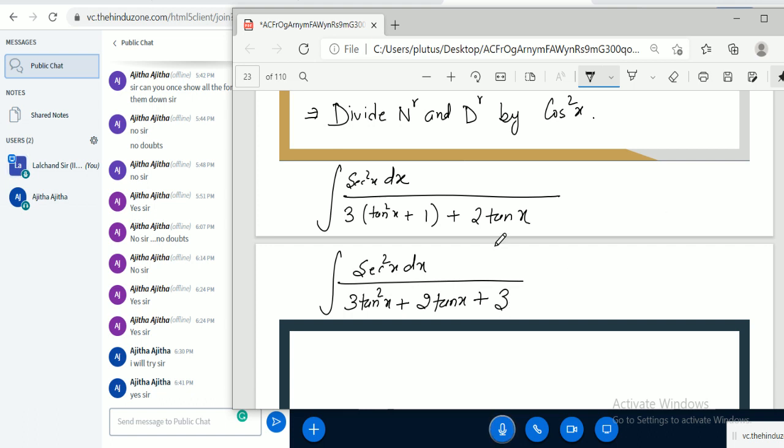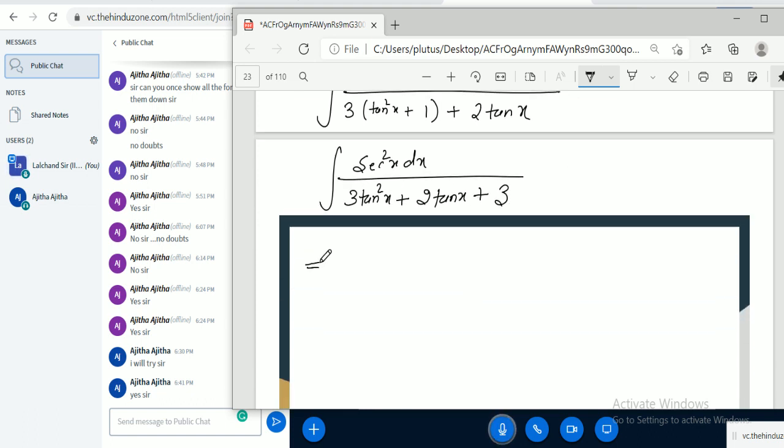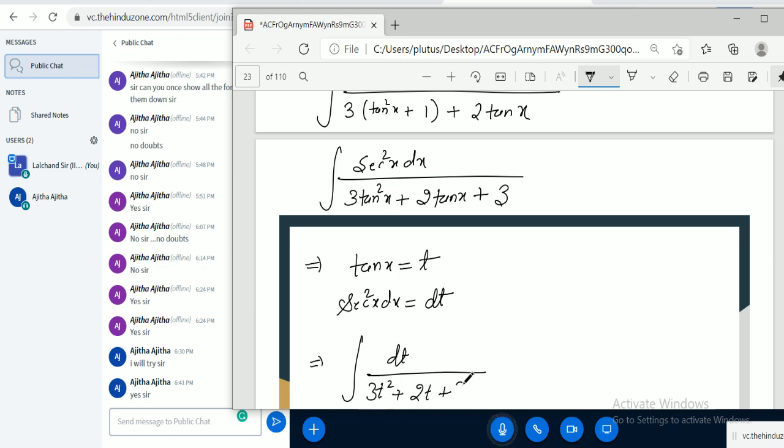Okay, so if we let tan x equal to t, then we have sec square x dx equal to dt. If we substitute this in the equation, this integral will be transformed into dt divided by 3t square plus 2t plus 3.